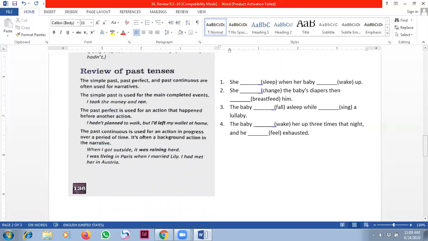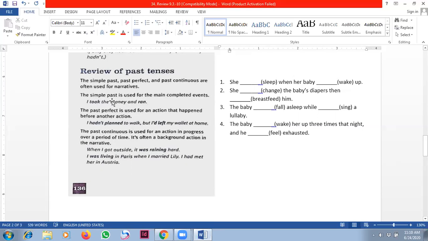Review the past tenses: simple past, past perfect, past continuous. The simple past is used for the main completed events. I took the money and ran. So this is like a story: I took the money happened, and then ran happened second. So it's like action 1, action 2, in order, 1, 2, 3, 4, 5.